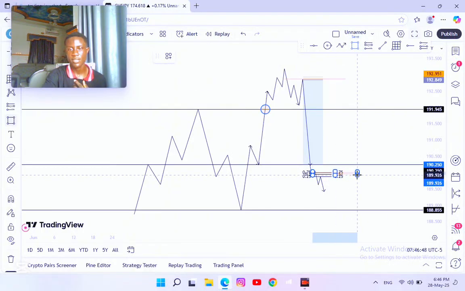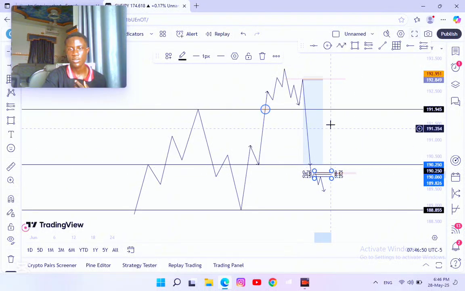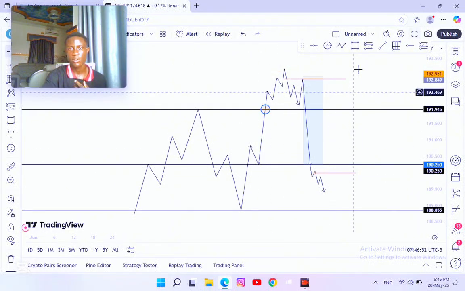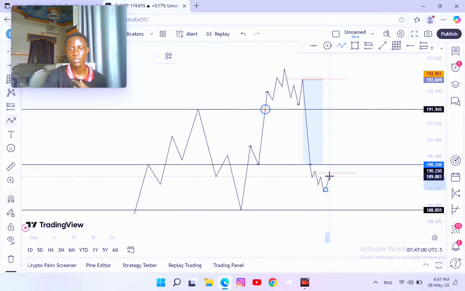Let's assume the price gave my entry here. So simply wait for price to come and tap my entry. If this is a sell position or continuation, what I'm going to be targeting is not this other key level.